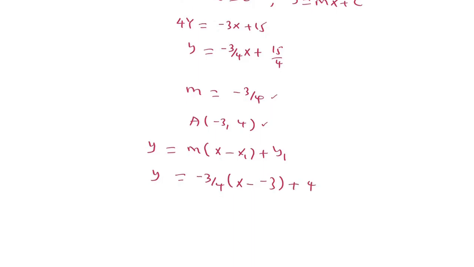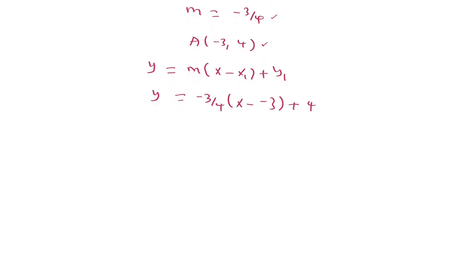Now let us open the brackets. Our equation is y equals negative 3 over 4x minus 9 over 4 plus 4. Let us now combine the constant terms. Then our equation is y equals negative 3 over 4x plus 7 over 4.